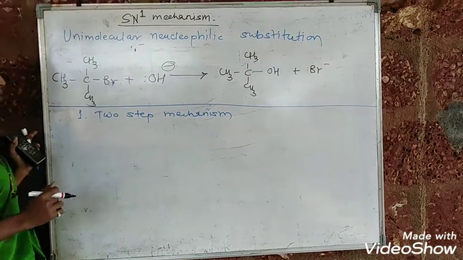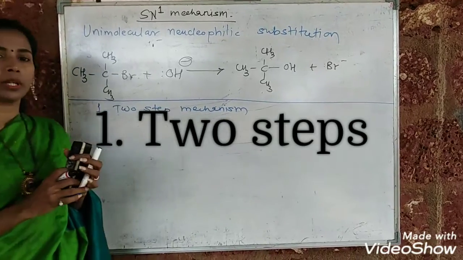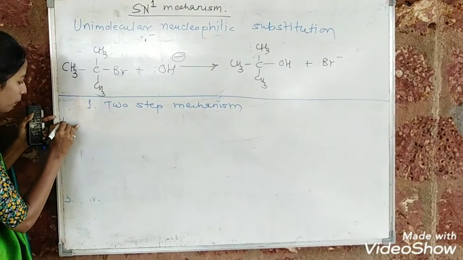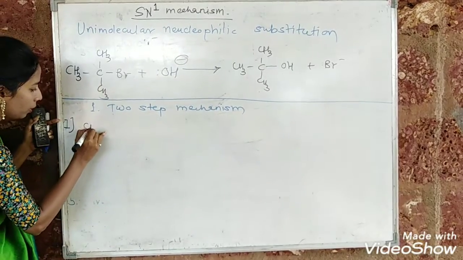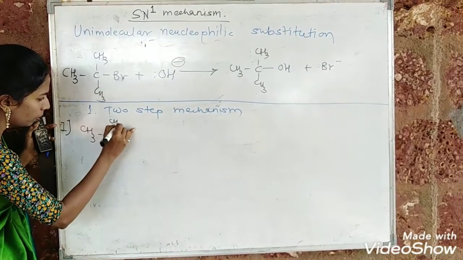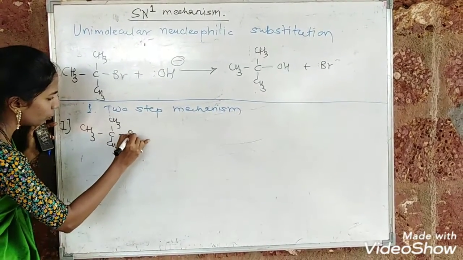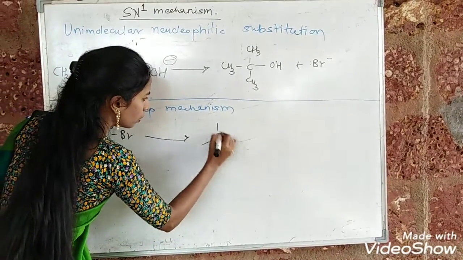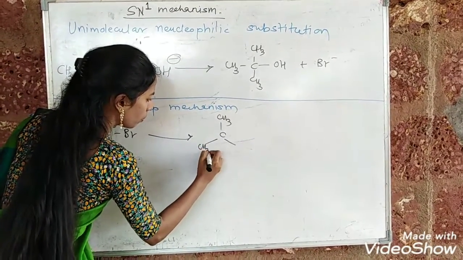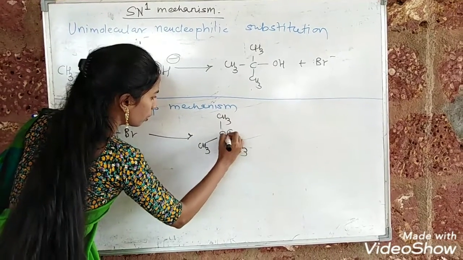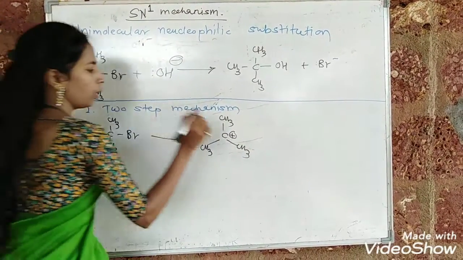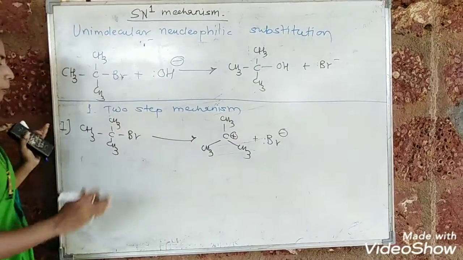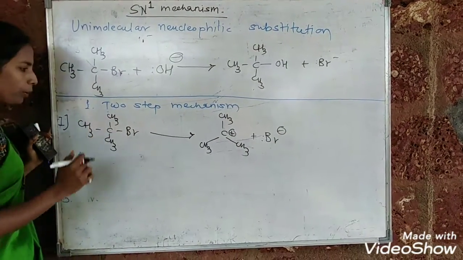So the first feature is the two-step mechanism. This reaction goes like this. In the first step, the substrate, which is tertiary butyl bromide, forms a carbocation and bromine is removed. So in the first step, there is only breaking of the carbon-bromine bond.